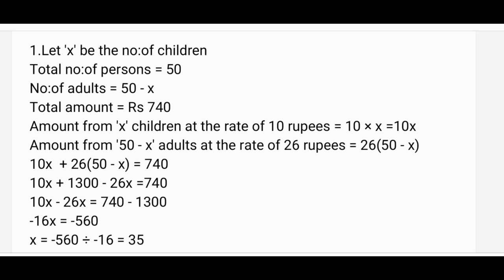So, 10x plus 1300 minus 26x is equal to 740. 10x minus 26x is equal to 740 minus 1300, that is minus 16x equal to minus 560. So, x is equal to minus 560 divided by minus 16 is equal to 35.